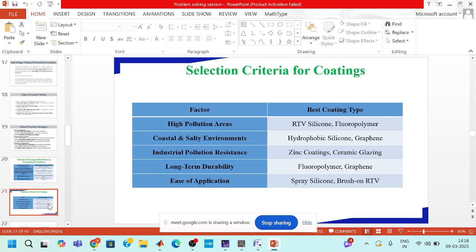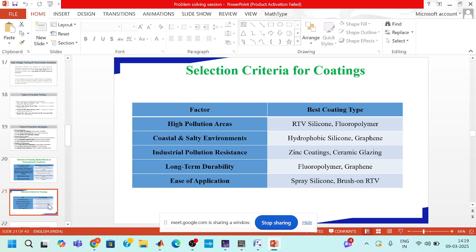So now we see the coating methods. If insulators are in highly polluted areas, then the best coating type we should provide is RTV silicone or fluoropolymer coating. These coatings were already discussed in great detail in the previous session, I think in the week 3 session.